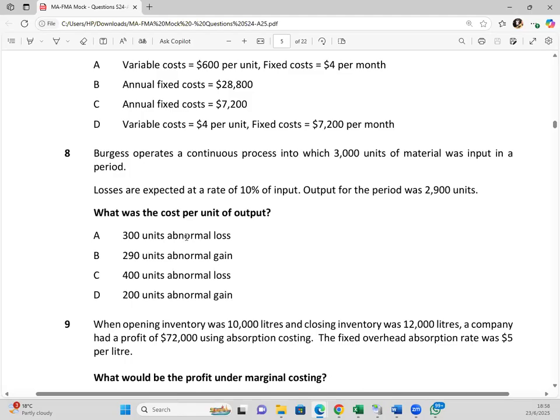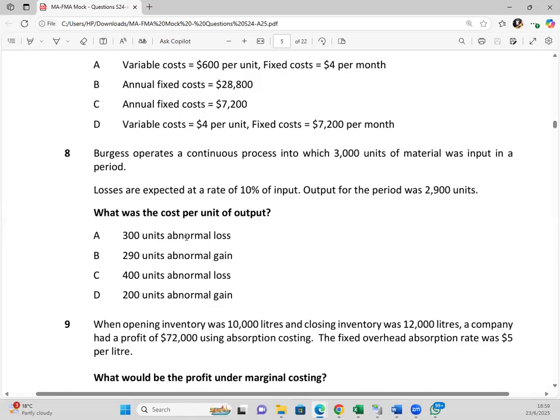So we gained. We gained by 200. Because if you're expecting to lose 300, but you lose only 100, it means you've actually gained. You have set aside that you're going to lose 300, but you lose just 100. You've gained 200. So there's an abnormal gain of 200.